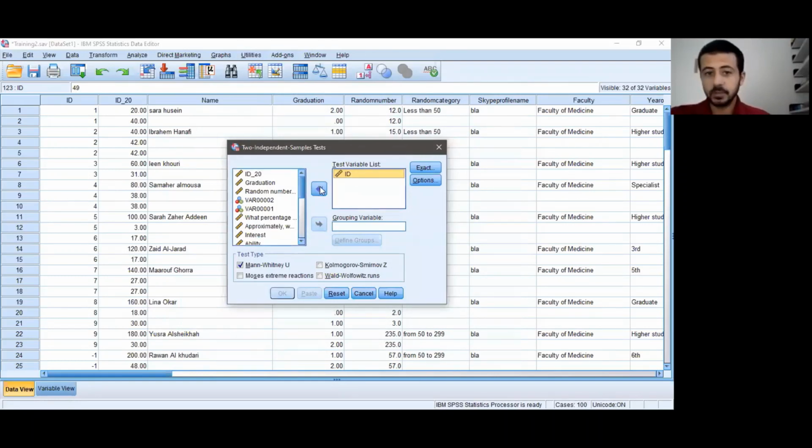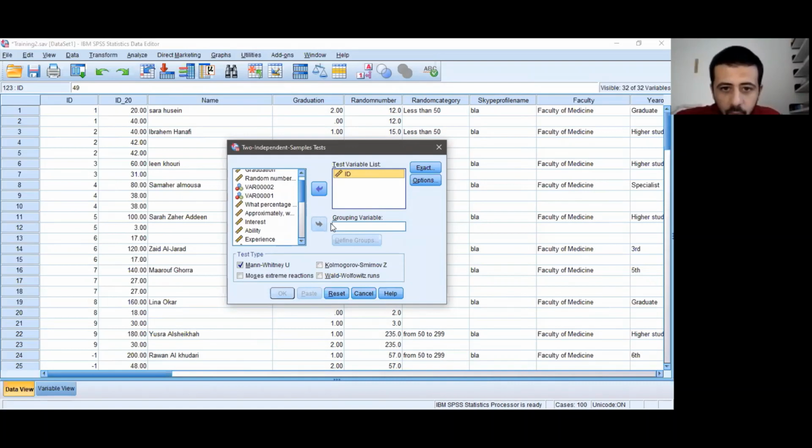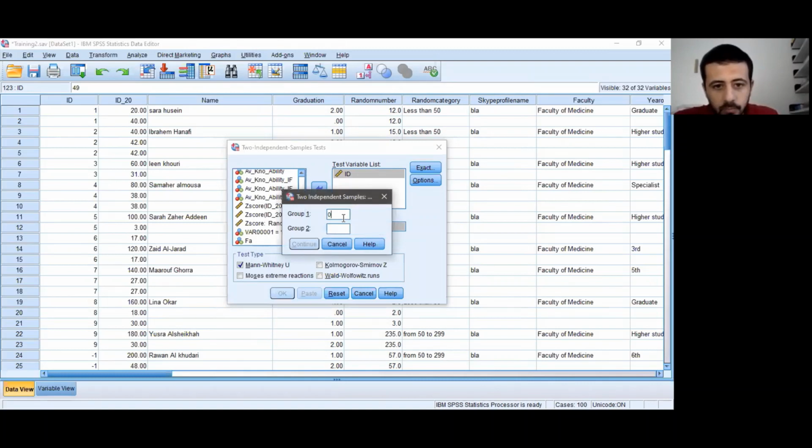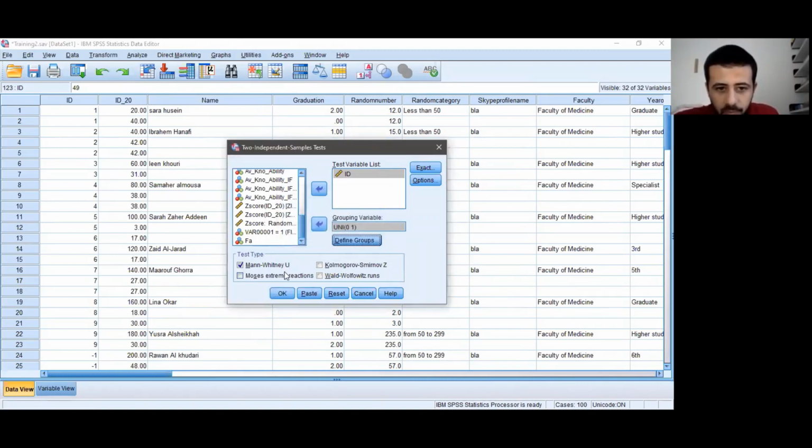Because it's not parametric, we found that we have kurtosis in here, and I can't change the data. What is the grouping variable? The uni. Define 0, 1. Continue. Mann-Whitney U test. This is what we need.